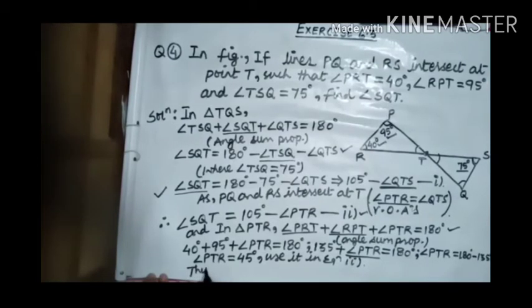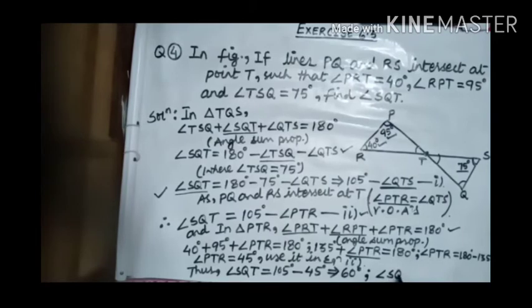Thus, value of angle SQT becomes 105 minus PTR, that we use 45 degree. So 105 minus 45 degree, this is 60 degree. So that's the required value of angle SQT.